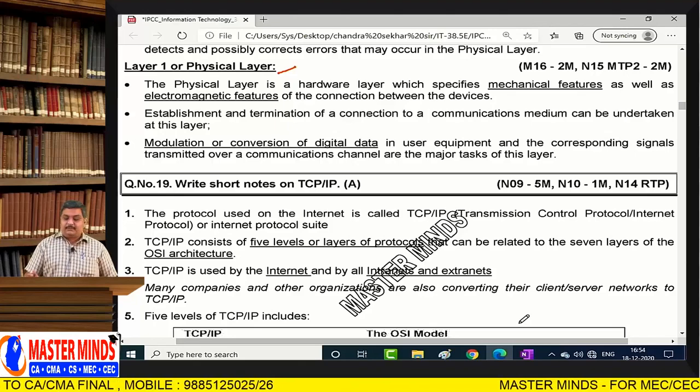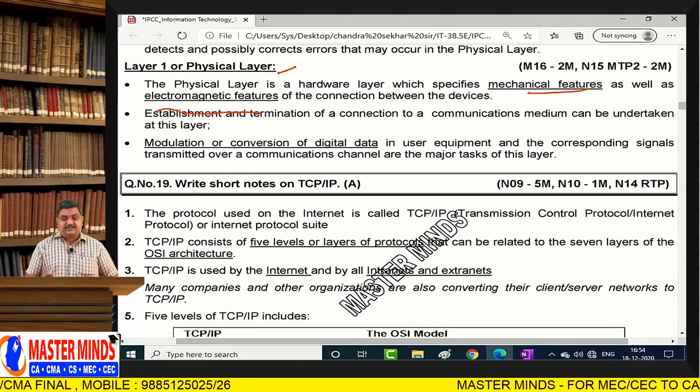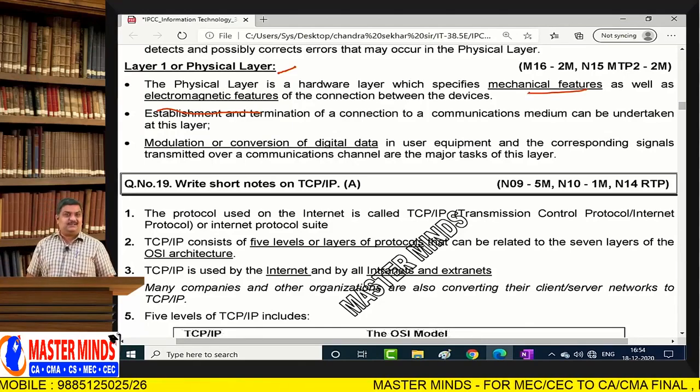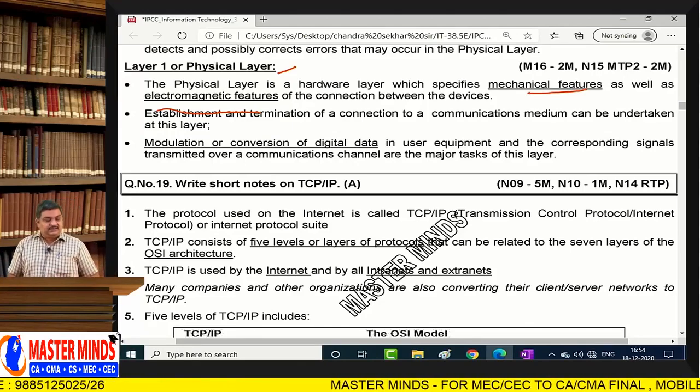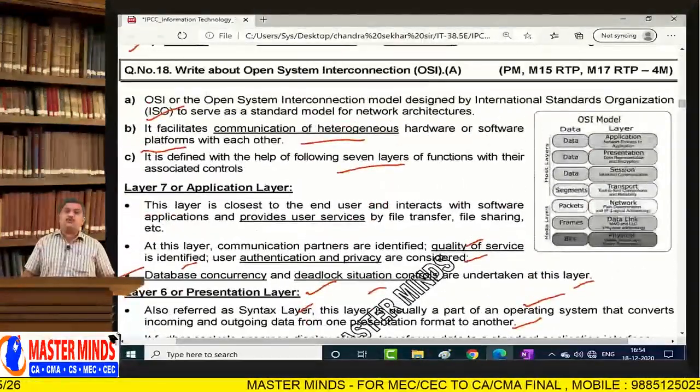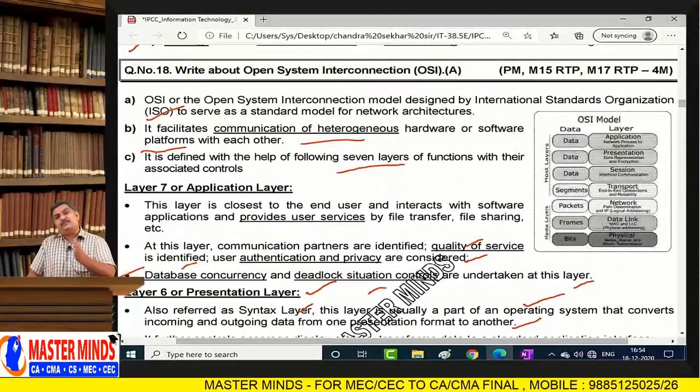See, all these mechanical features and electromagnetic features are related to that thing only. Which one? The network interface card. That will take care of those things. So these are all the 7 layers that are followed while we send data from one computer to another.